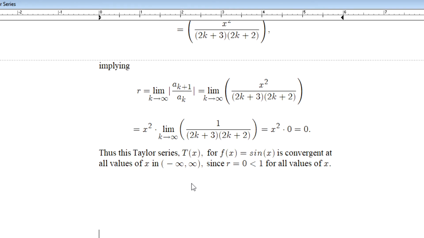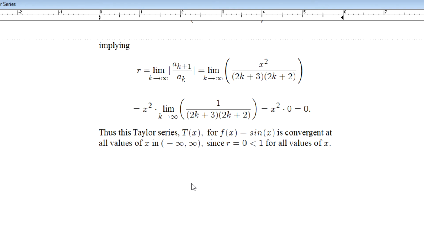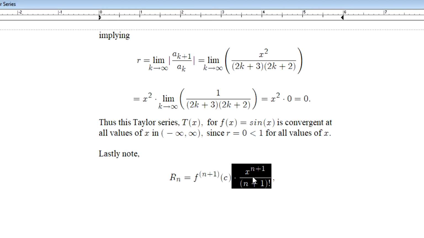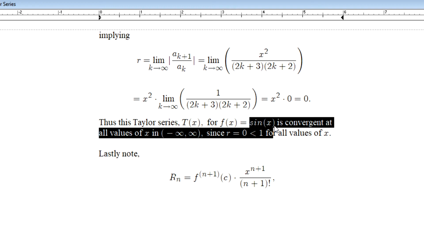As for what it converges to over that interval, we can note, if we think about the value of r sub n in this case, it is the value of f at n plus 1, evaluated at c, times x to the n plus 1 over n plus 1 factorial. Any n plus 1th derivative of the sine of x is going to be plus or minus sine x or plus or minus cosine x.